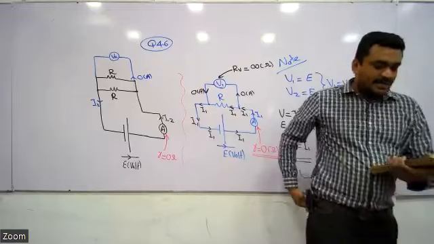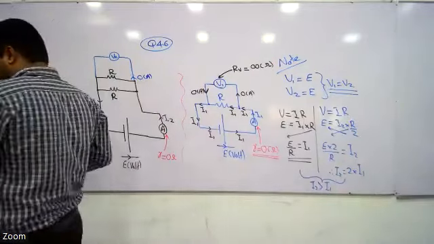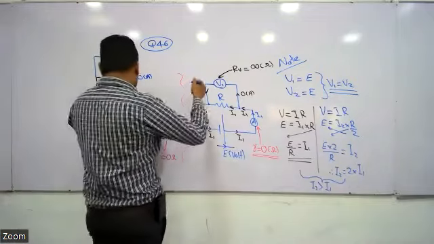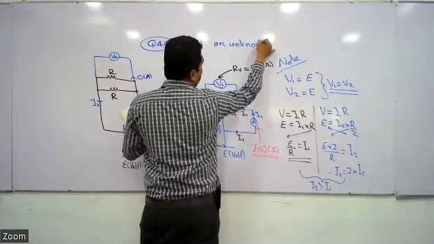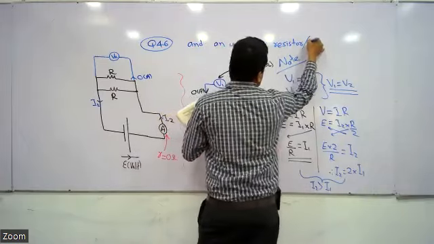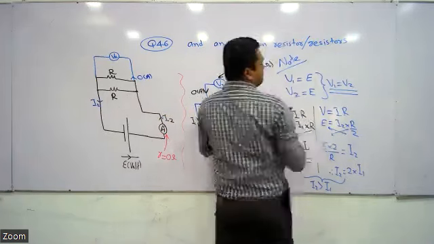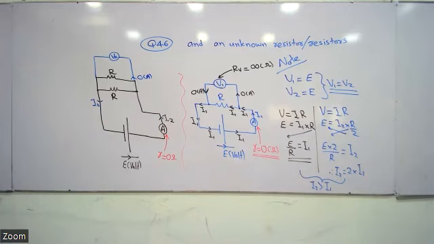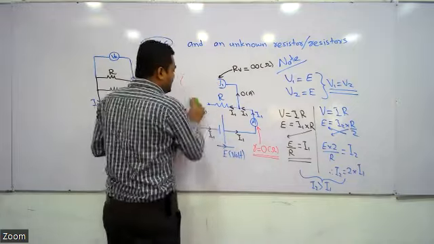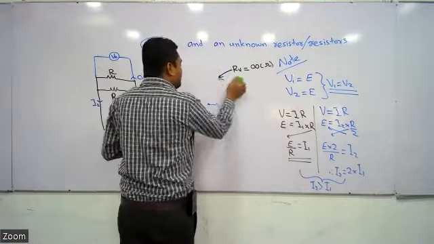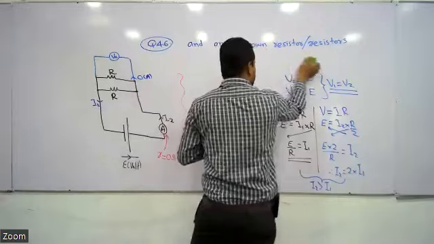A circuit containing a 75 ohm resistor and an unknown resistor in a box, within brackets capital B, as shown in the diagram.